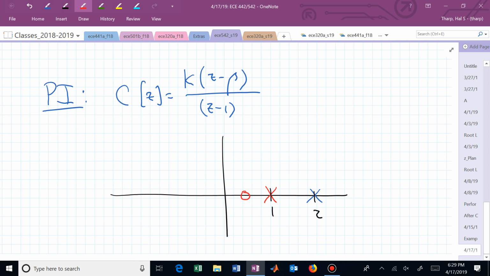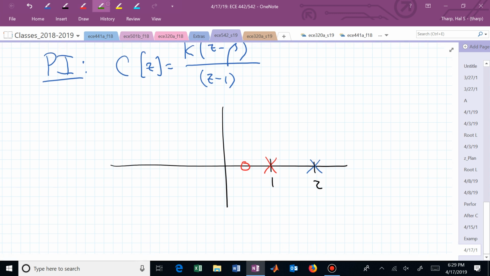Now, here's my unit circle, and my root locus. Depending on where I put that 0, I know where the breakaway is going to be. It's going to be the geometric mean. But let me just draw something in here.